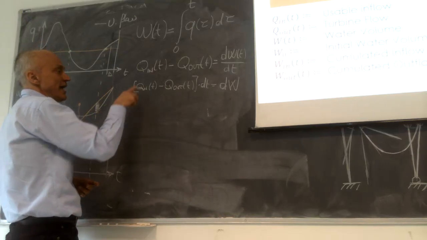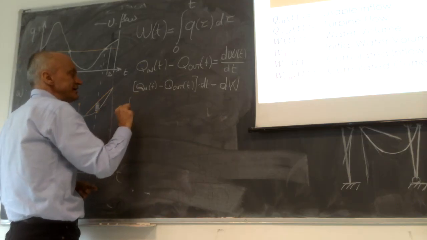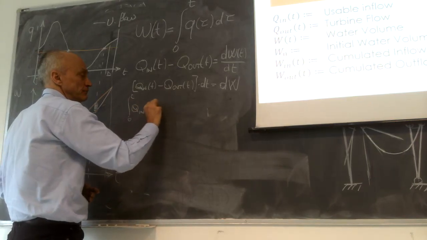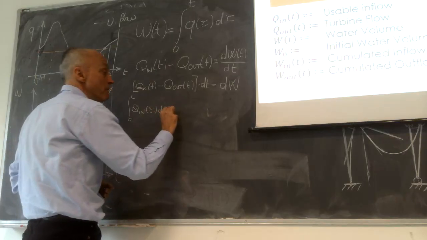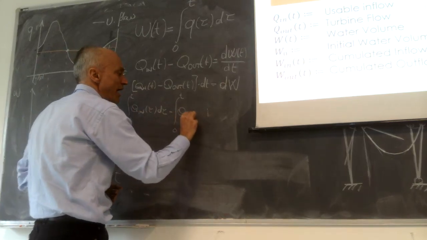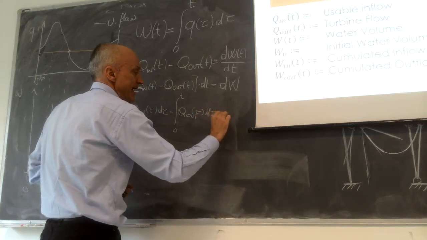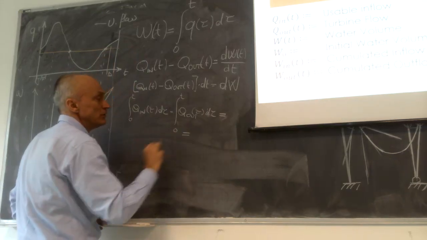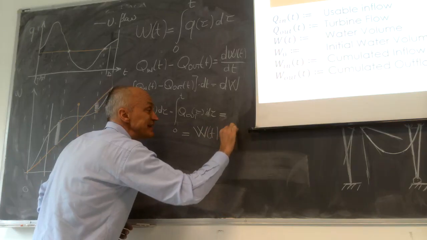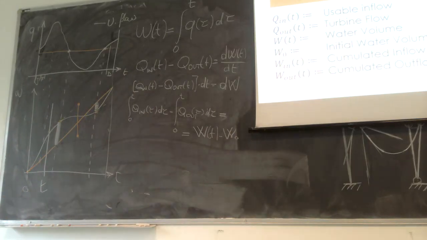If we do that, we have the integral from 0 to t of the available inflow times d tau, minus the integral from 0 to t of Q out of tau in d tau, and this is equal to the volume stored in the reservoir at time t minus the initial volume, the volume that was present at instant 0, which at the moment we don't know.